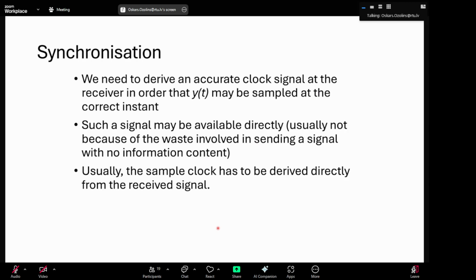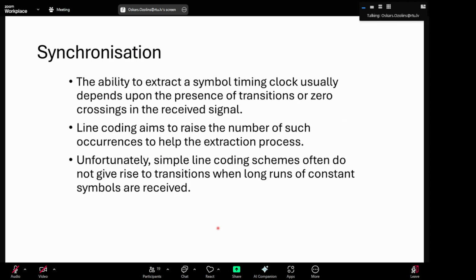And if you use instruments like an arbitrary waveform generator and digital storage oscilloscope, ADC and DAC, you cannot always do clock distribution. So sometimes you need to do clock recovery from the received signal. That is the problem in practical systems, that you need to recover it from the received signal.